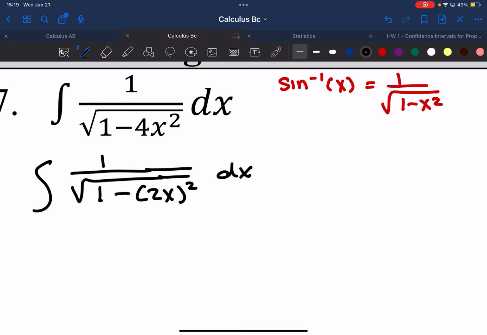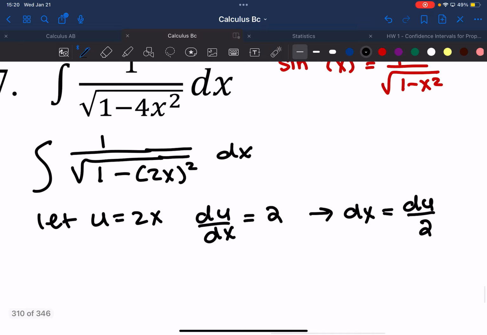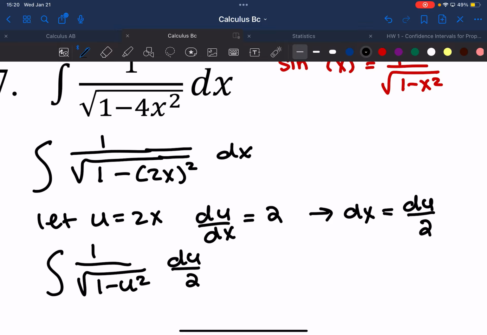2x. So let u equal 2x, which means du/dx is equal to 2. So dx is equal to du over 2. So I have the integral of 1 over the square root of 1 minus u squared du over 2.